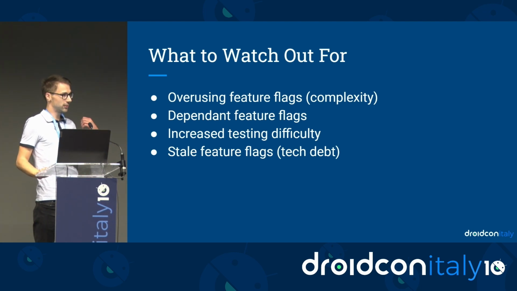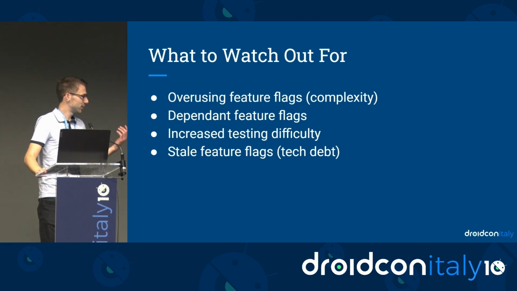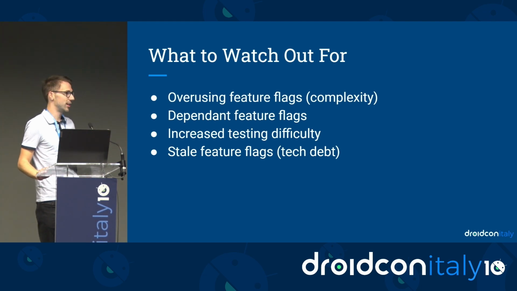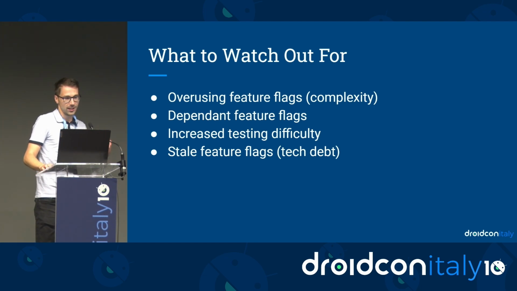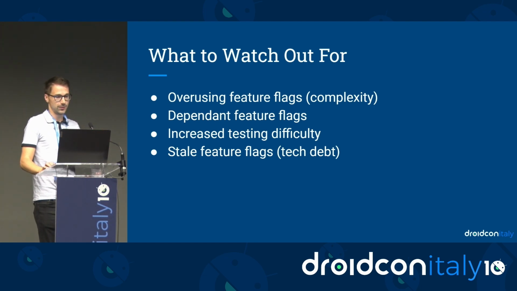So you still have the old XML-based screen in your app. It's still used. I mean, the code doesn't show up as unused because it's still referenced somewhere, but it's actually never accessible because the feature flag is enabled for everyone. So that's basically dead code and tech debt. You need to watch out for that.